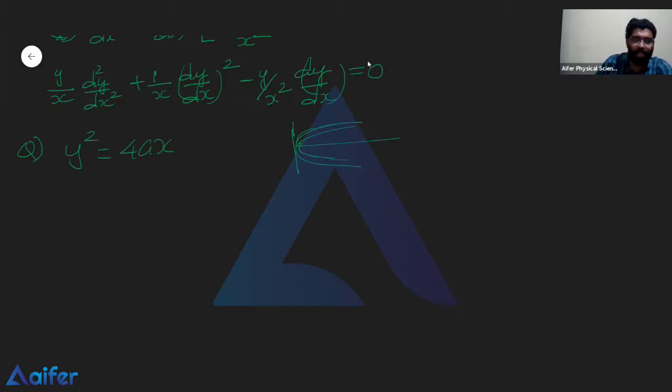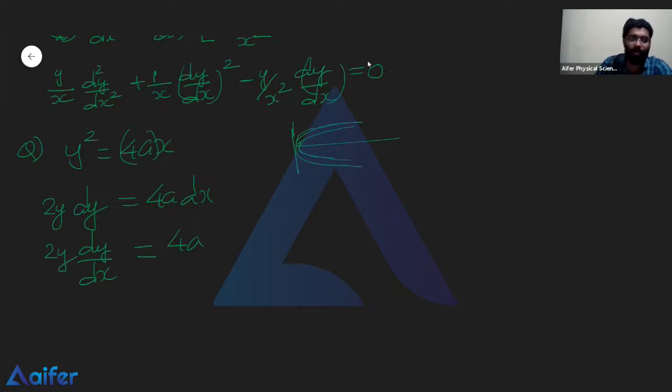So we want to find the differential equation for this parabola. Just differentiate this: 2y dy equal to 4a dx, or dy by dx equal to, okay, I need to replace 4a. So I am just keeping that 4a as it is.